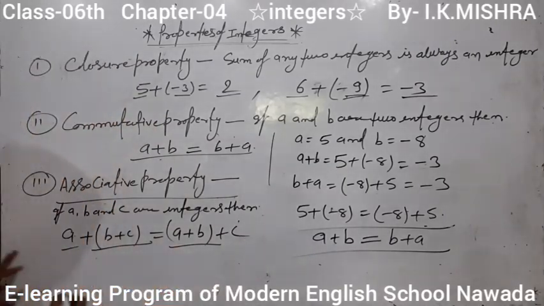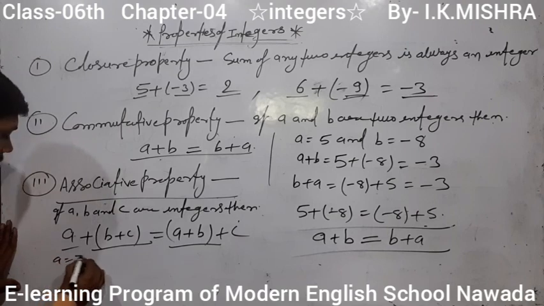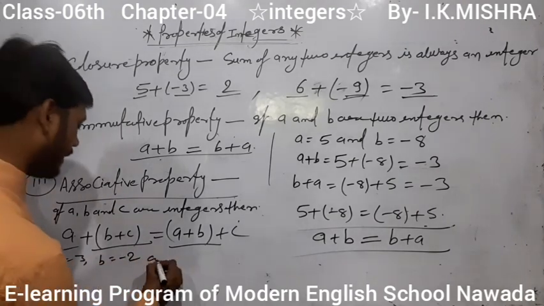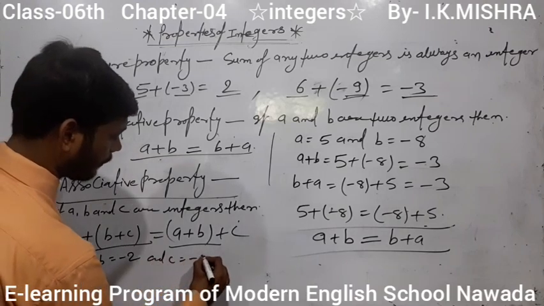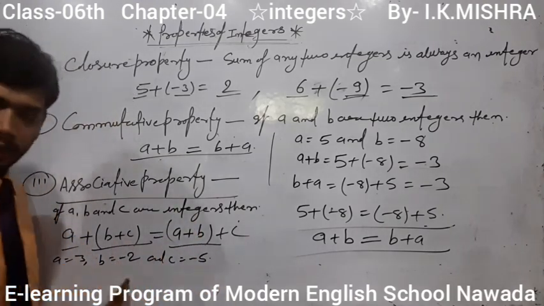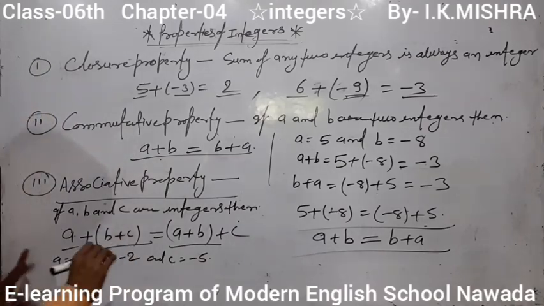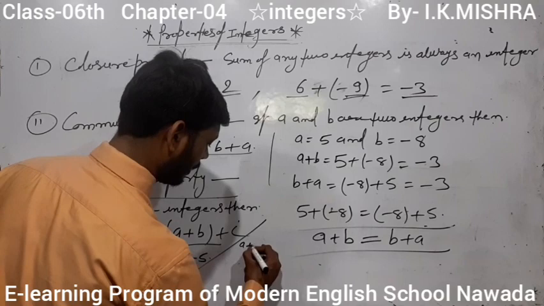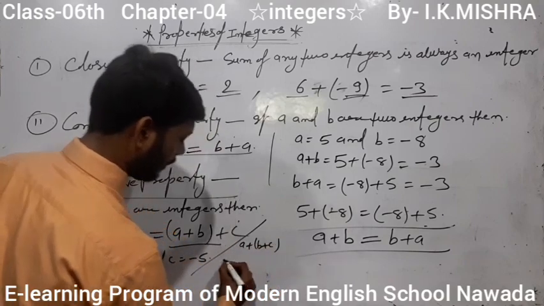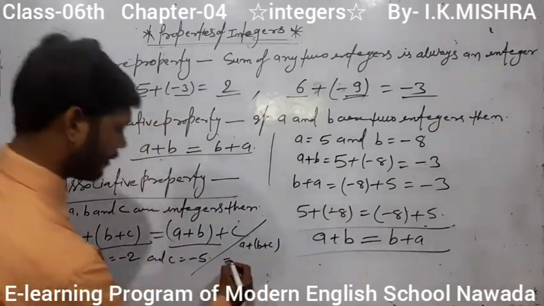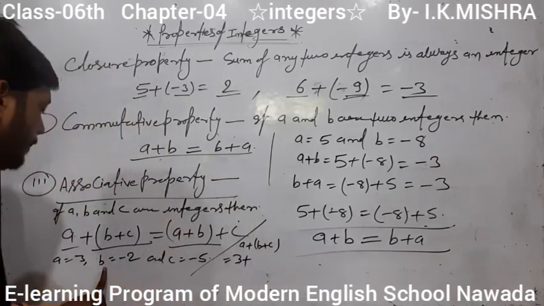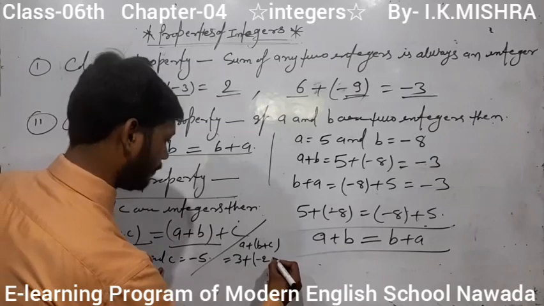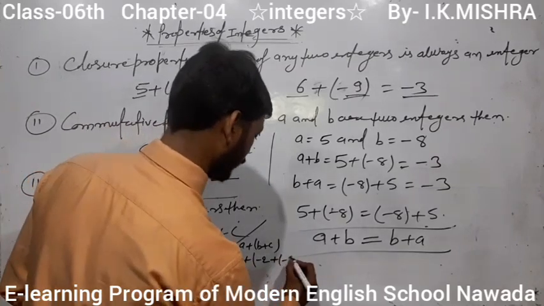Suppose here A equal to 3, B equal to minus 2 and C equal to minus 5. Here three integers are given. Then you can check here. First check (A plus B) plus C. Here friends, A equal to 3 plus B, plus minus 2, and plus minus 5.